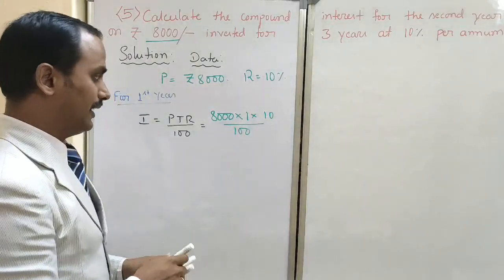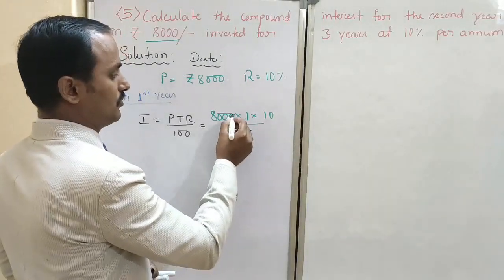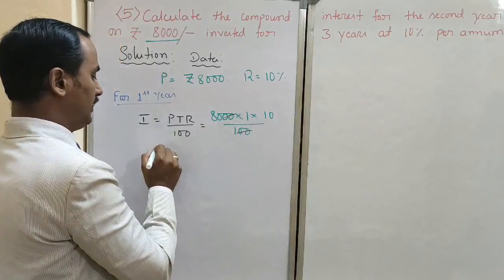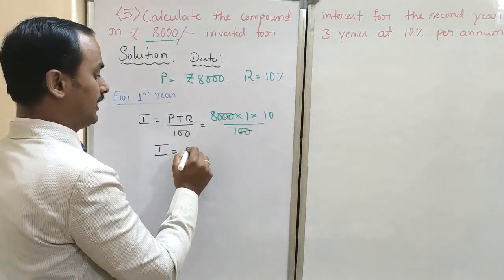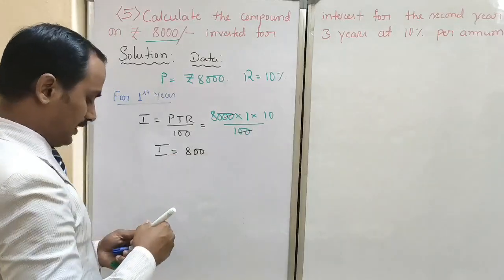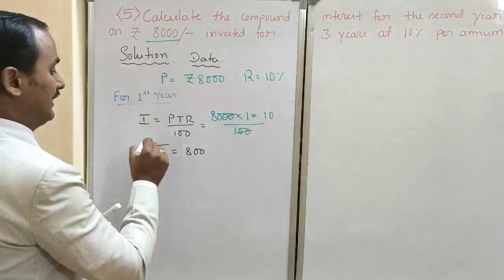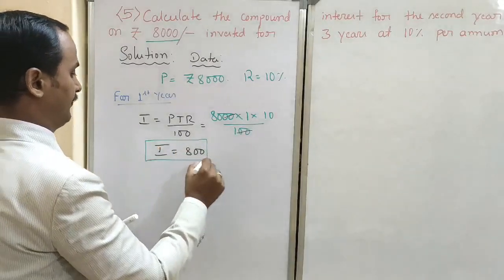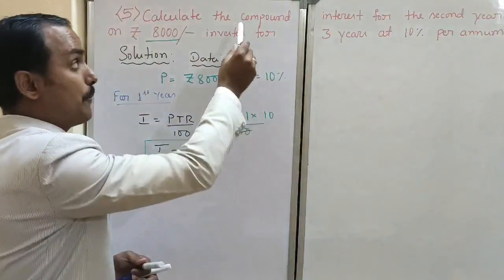Don't multiply directly. You should cancel numerator and denominator. 20 cancel. Remaining interest is equal to 80 into 10. It became 800. I got that interest, dear children. That first year interest, how much am I paying? 800 rupees.